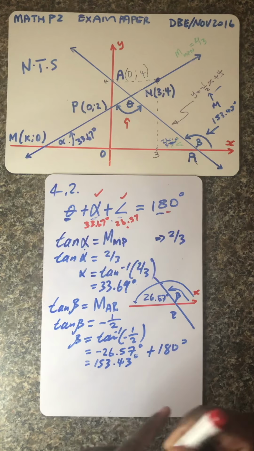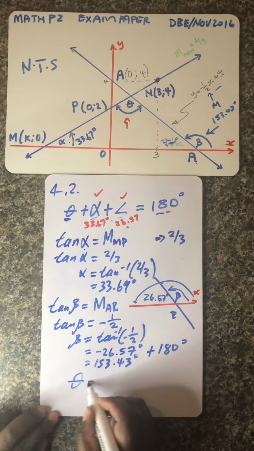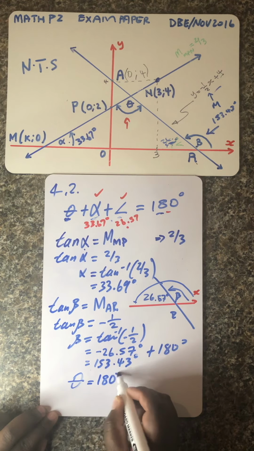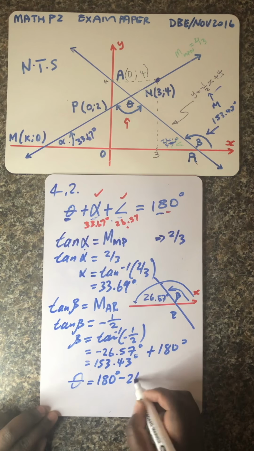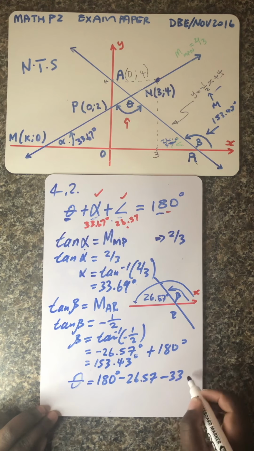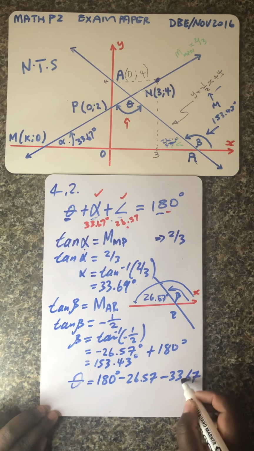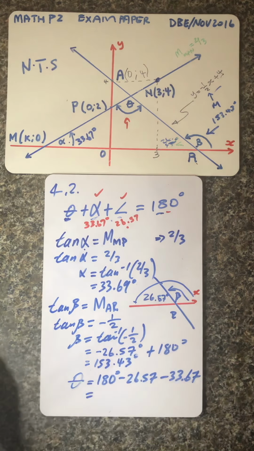Okay, so let's now see. That means angle theta will be equal to 180 degrees minus 2 of these angles. You can just say minus 26.57 minus 33.67. So the answer that you get is angle theta.